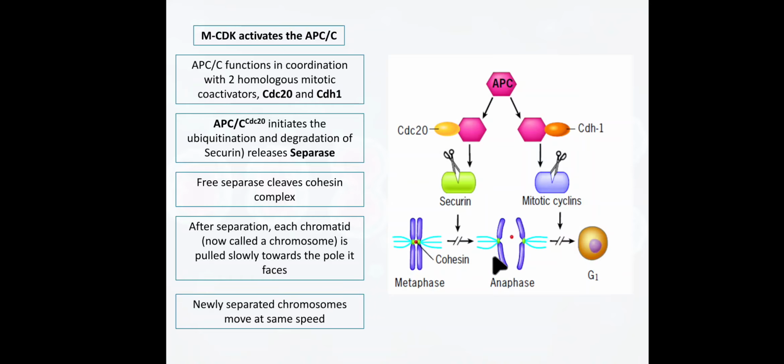After separation, each chromatid, which is now called a chromosome, is pulled slowly towards the pole it faces. Newly separated chromosomes move at the same speed. Chromosomes move by two independent and overlapping processes.